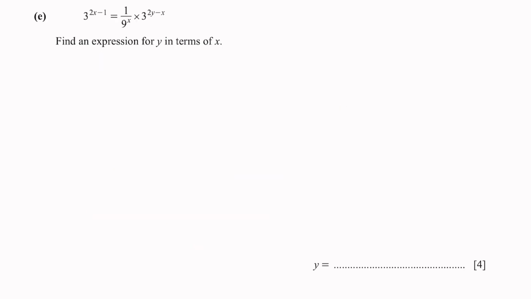Find an expression for y in terms of x. So first, I want to change 9 power x into 3 power 2 and then power x, which is equal to 3 power 2x.